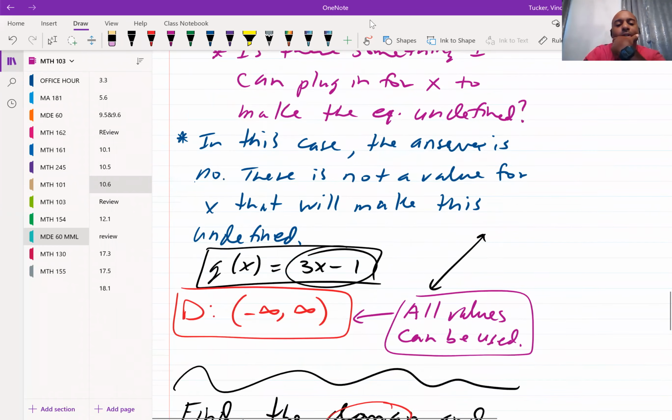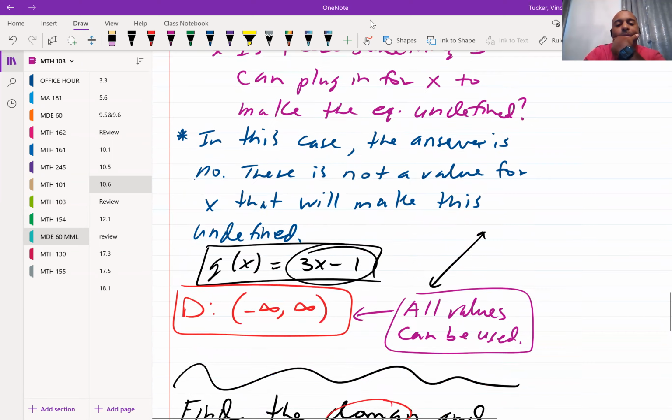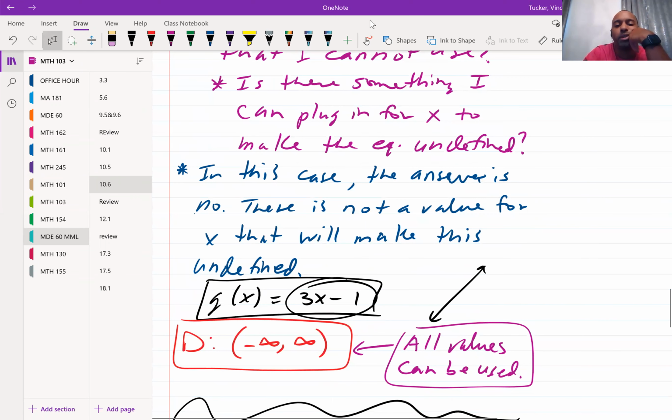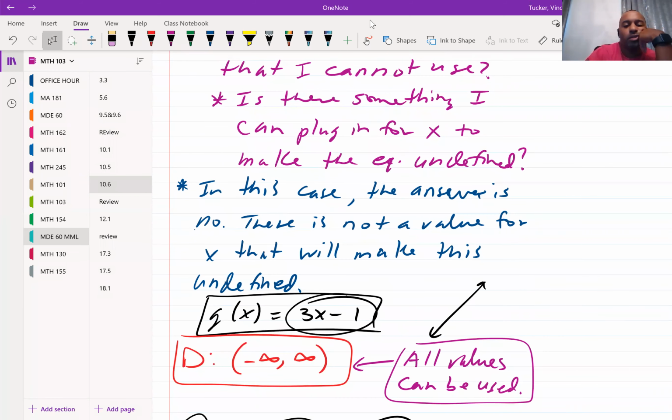Okay, got one more down here. Different type of problem, but not like that. Let me see if they have square roots.